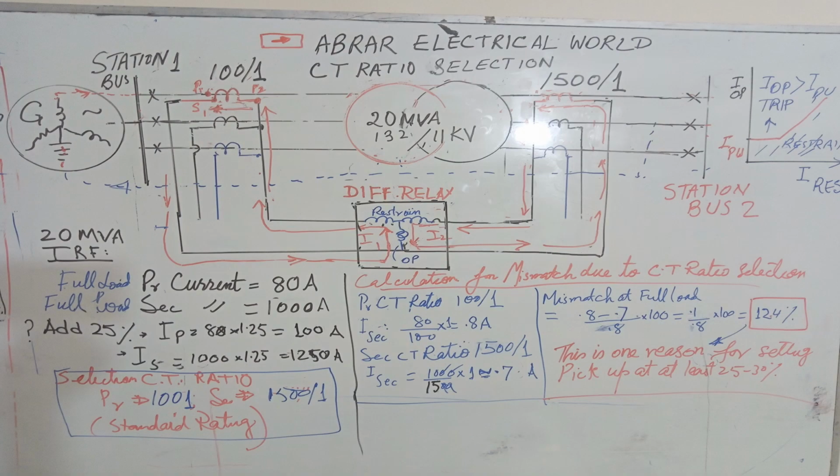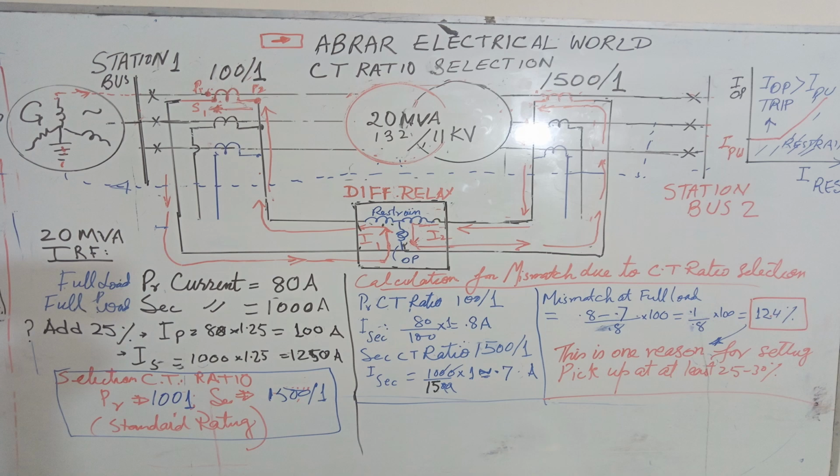Now, see, here I have done some calculations. I have chosen a 20 MVA power transformer, voltage ratio 132 by 11 kV, and for this I have 80 ampere on the primary side and 1000 ampere at full load on the 11 kV side, that is the secondary side of the power transformer.